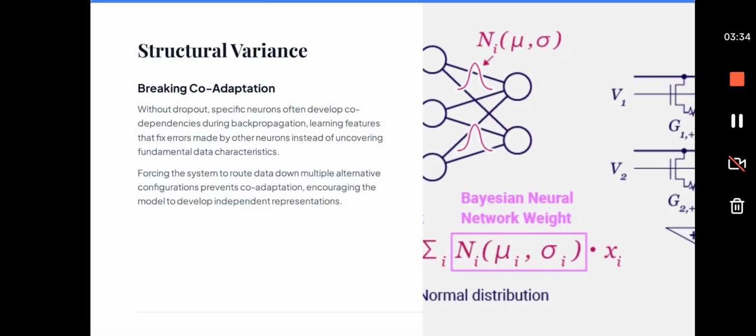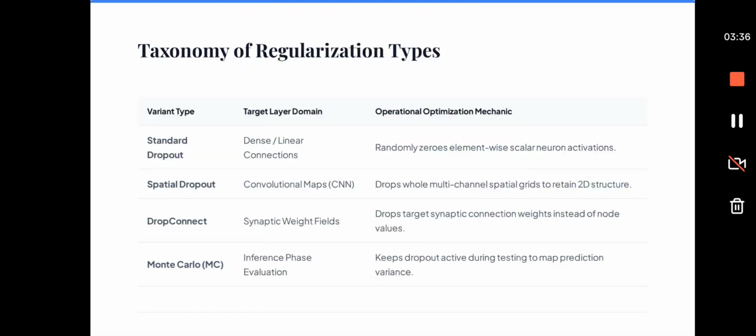Now let us discuss the different types of dropout regularization. Different types of dropout are used in deep learning. Standard dropout randomly removes neuron activations in dense layers.